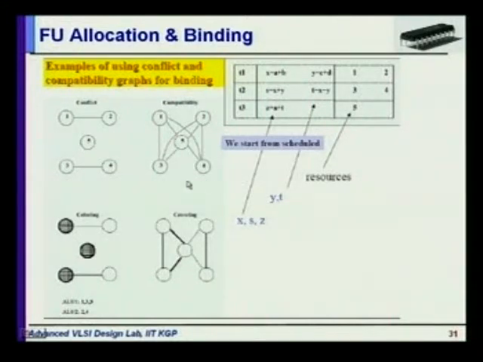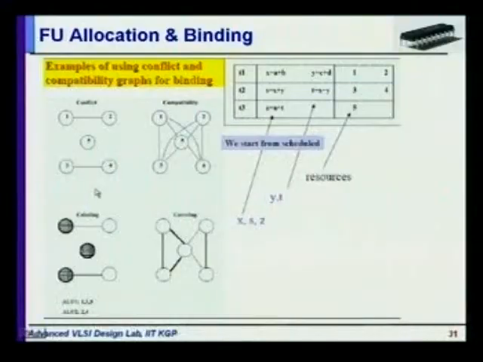So the way the calculation goes, we construct the conflict graph of these resources. Conflict graph means 2 operations conflict with each other if they are scheduled in the same time step. It is obvious, because they cannot be executed in the same time using one function unit. So in that way you can draw the conflict graph.